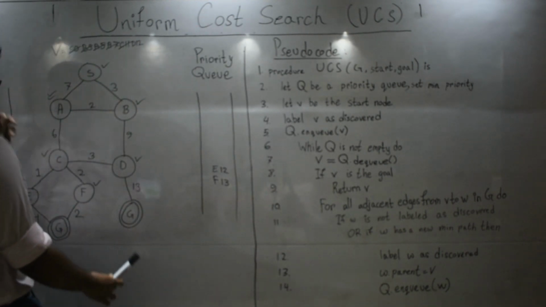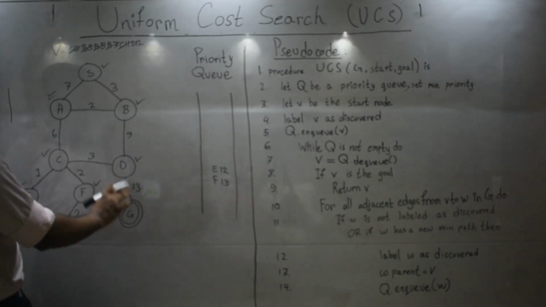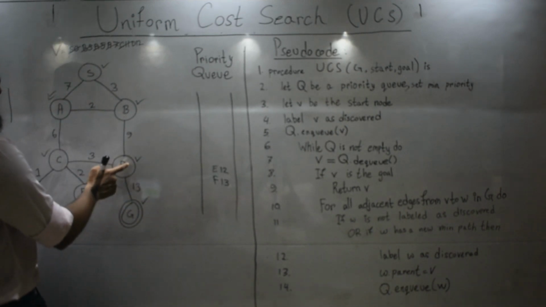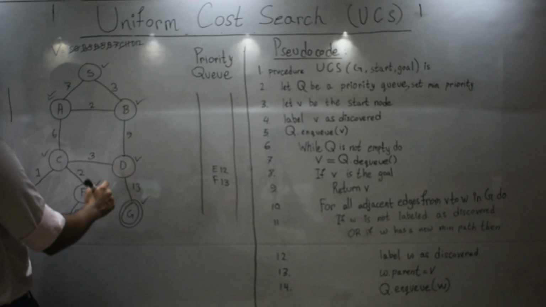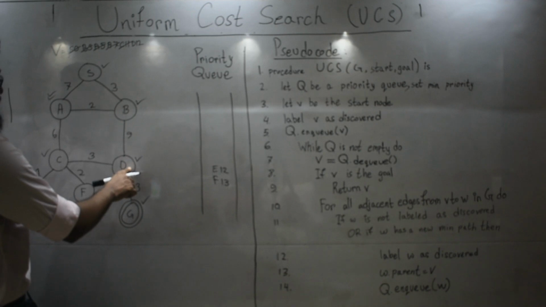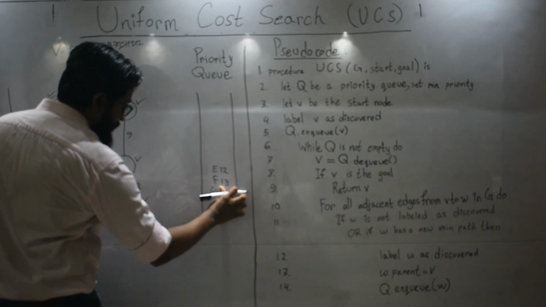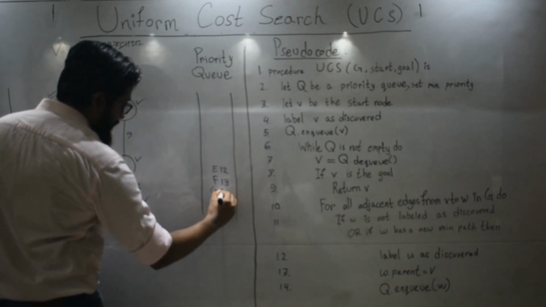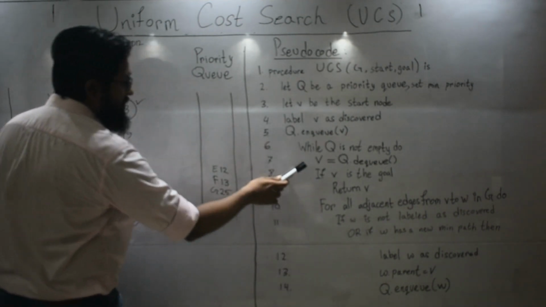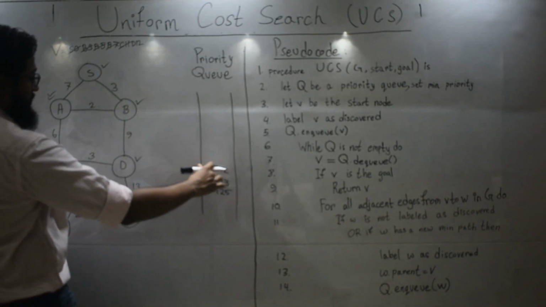So forget about C. Same thing, forget about B. The neighbor G is new, so we will discover G, set G's parent to D, and enqueue. D has a value of 12, 12 plus 13 is 25. G currently holds a path cost of 25. Okay, so all of them have been traversed. Now you go to line number 7 and dequeue whatever is on top.